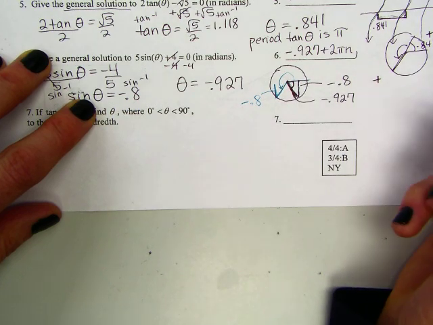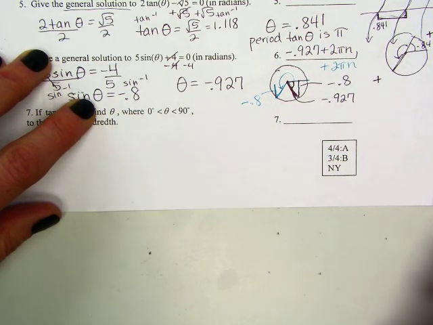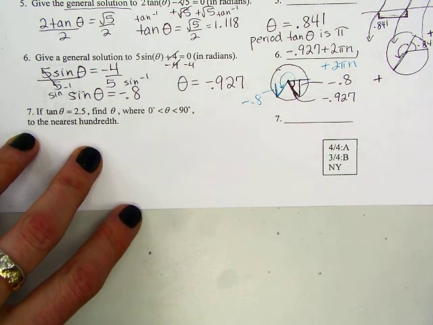Because I need the green angle on there also plus 2 pi n. Okay. So see if you can figure out what do I name the green angle? What do you think I should call the green angle?